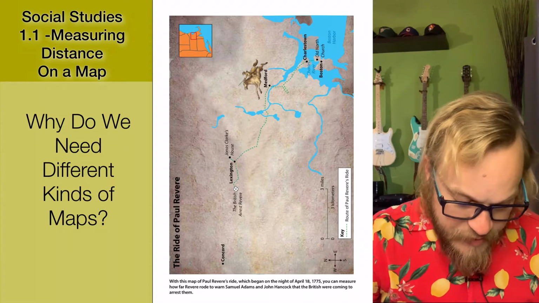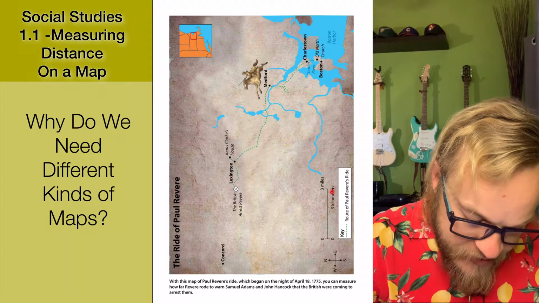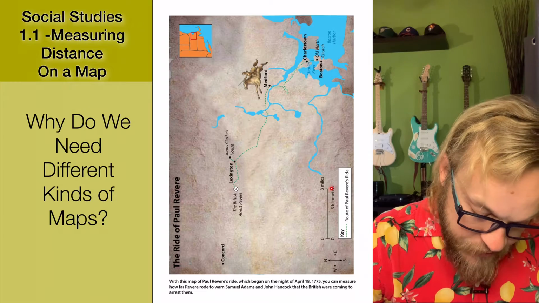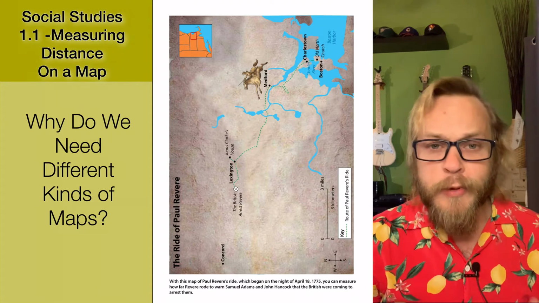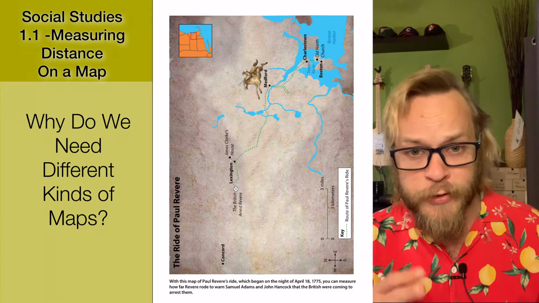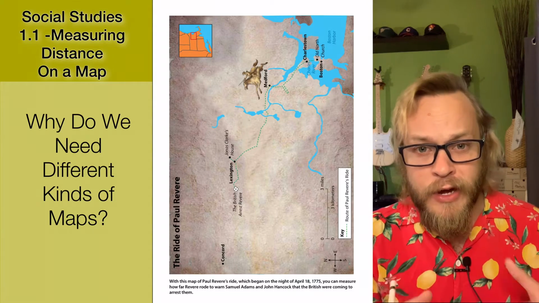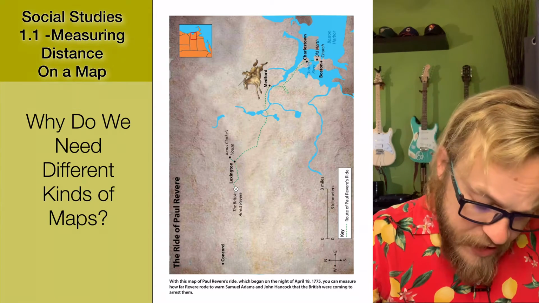Well, on this map, we have a scale. And the scale here says that every inch is 3 miles, or 3 kilometers. We have different units of measuring, and we'll talk a little bit more about kilometers and miles here in this social studies video and in math in a few chapters.